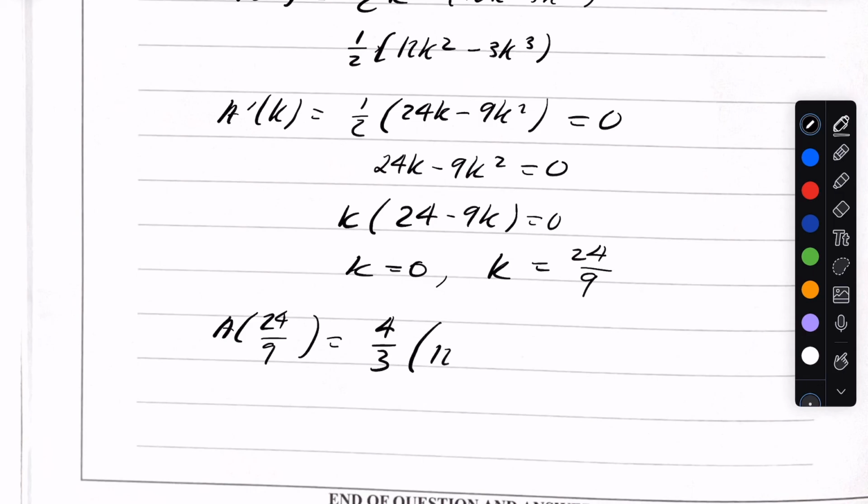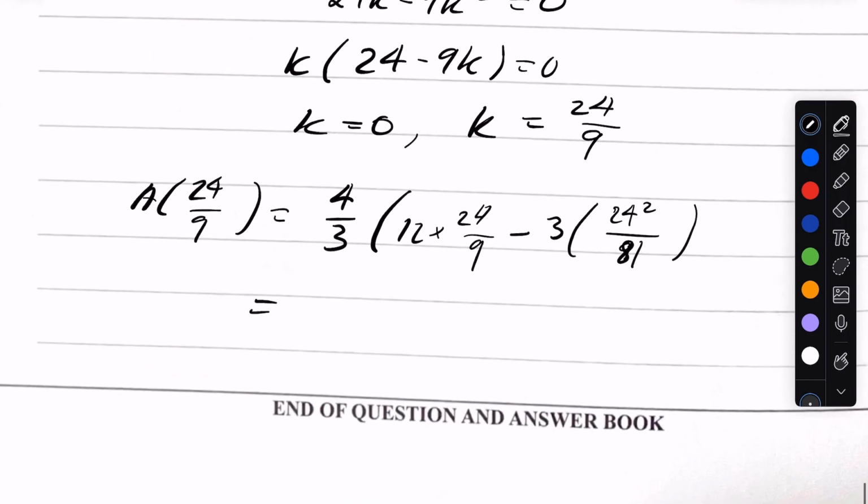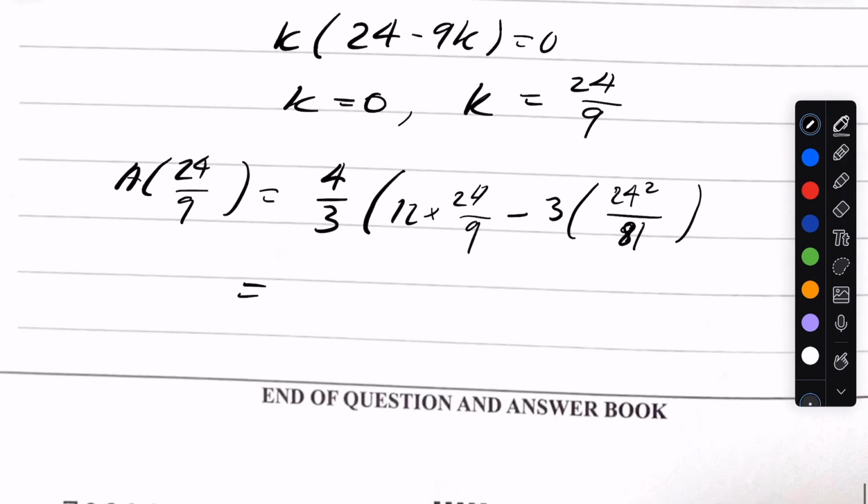And then 12 times 24 on 9 minus 3 times 24 squared on 9 squared. Let's just write 81. Now, again, you can take out 24 as a common factor, but let's just simplify it first.